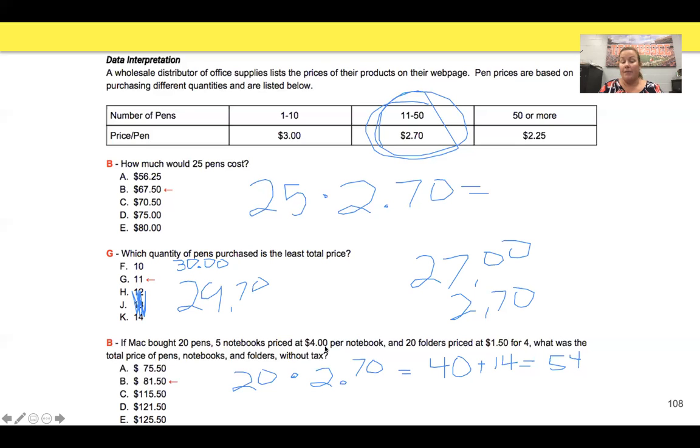Then we've got 5 notebooks at $4 per notebook. So that gives me another $20. So now I'm at 74. 20 folders, $1.50 for 4. So when you do 20 divided by 4, that's 5. 5 times $1.50 is going to give me what, $7.50?